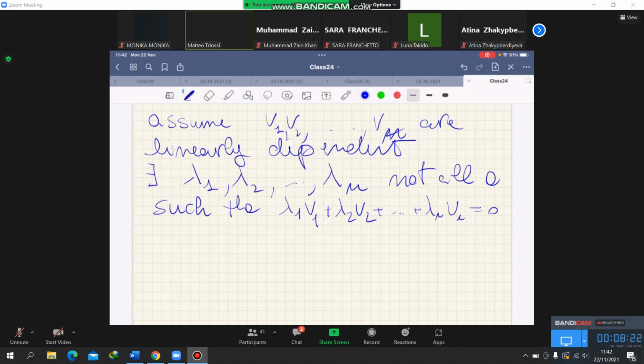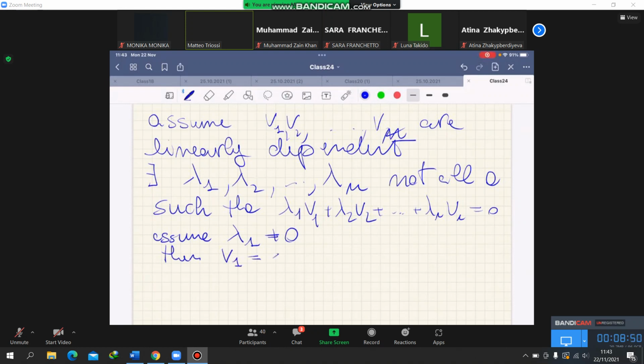So unless we rename the vectors, let's make it simple. So assume lambda 1 is different from 0. Then you can write V1 equal to what?